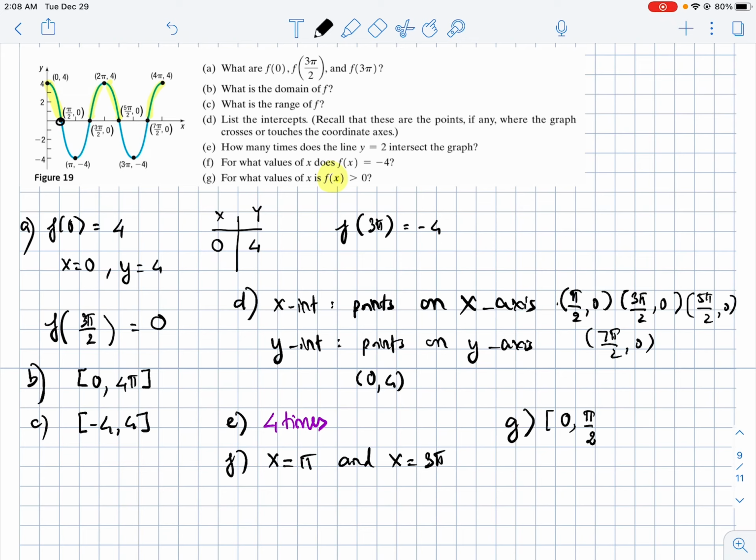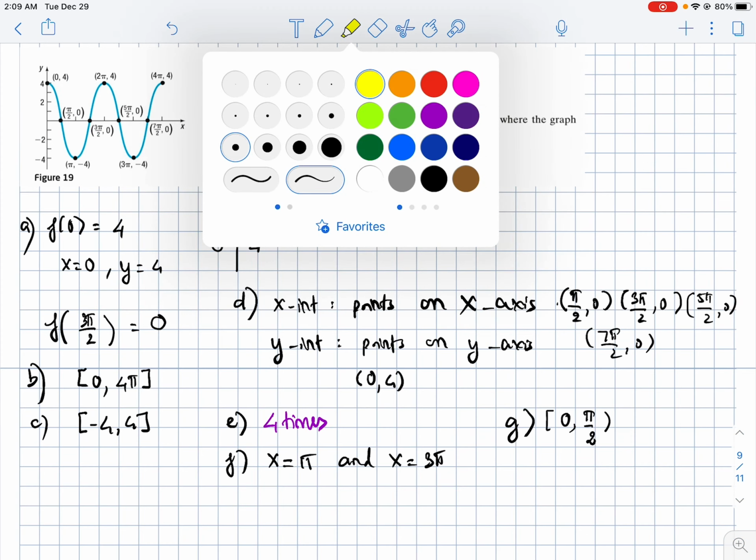We include the 0, but we do not include pi over 2, because it is an x-intercept, where the value equals 0. The problem does not have the equal sign, so we exclude pi over 2.